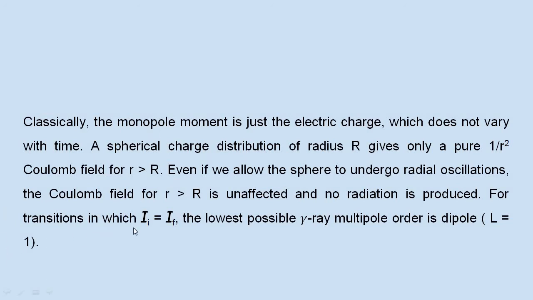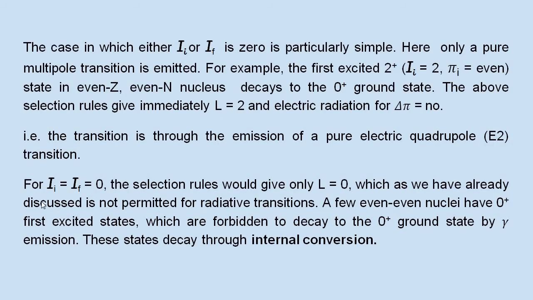For transitions in which II equal to IF, the lowest possible gamma ray multipole order is dipole. That means L equal to 1. That means this II equal to IF condition. The case in which either II or IF is 0 is particularly simple.